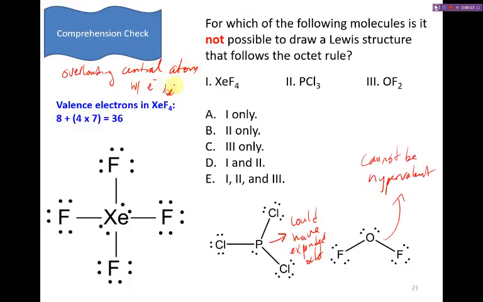Remember, the electrons repel. In order to minimize repulsions, small electronegative elements are going to pull the electron density towards them, away from the central atom.